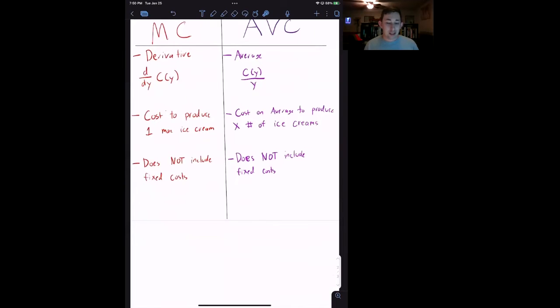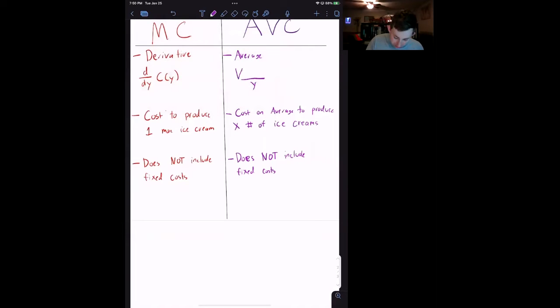Now, definitions of both of these cost functions are also significantly different. The definition of marginal cost is the cost to produce one more ice cream cone. It's the cost to produce one additional unit, whereas average variable cost is the cost on average. So I take the variable cost and I divide it by y, and that is how I get average variable cost, which, if you notice in this table, is a little misleading.